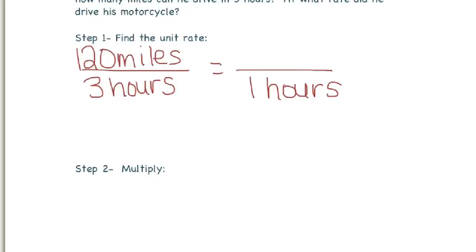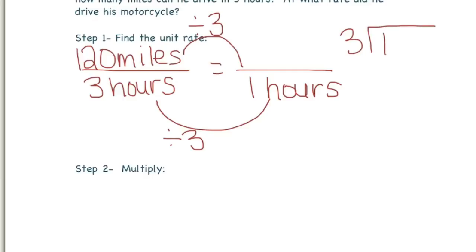So again, what we can do is divide 120 by 3, or thinking back to equivalent fractions, which is what we just did, to get from 3 to 1, we need to divide by 3. Whatever we do in the denominator, we're going to have to do in the numerator. So we're going to have to divide that by 3 as well. Let's take it off to the side here and figure out how many times 3 goes into 120.